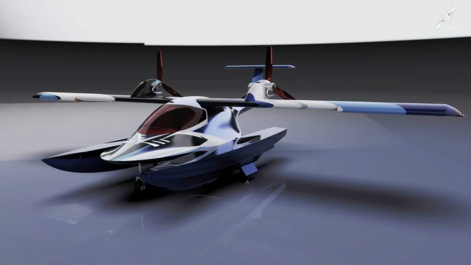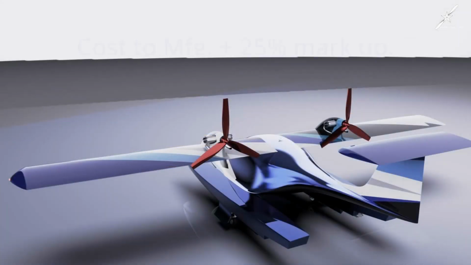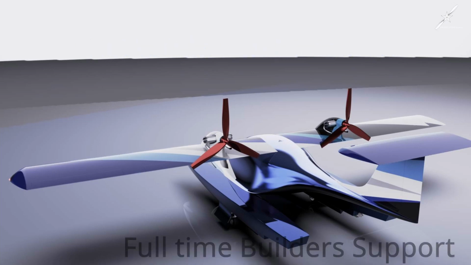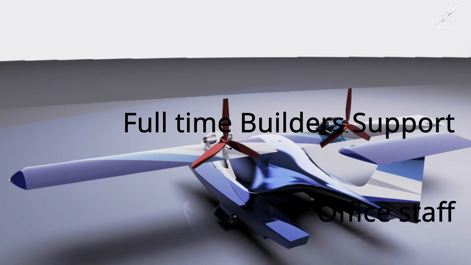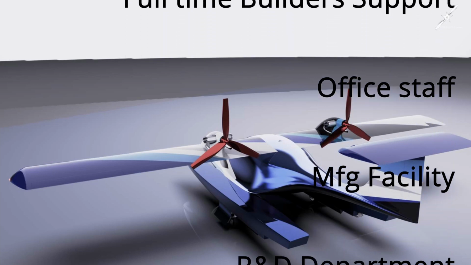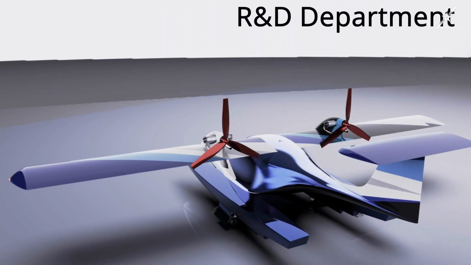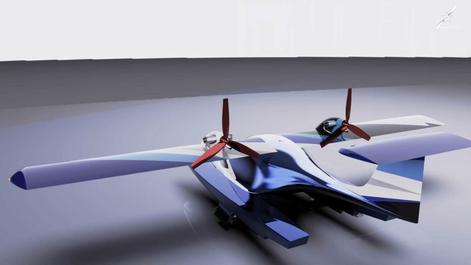The way I plan on calculating the cost of the kits would be what it costs me to make the kits, parts and labor, and then adding a 25% markup. This percentage will allow us to have a full-time builder support person, office workers, a factory for manufacturing, and continue to develop my second aircraft, which is a STOL design.